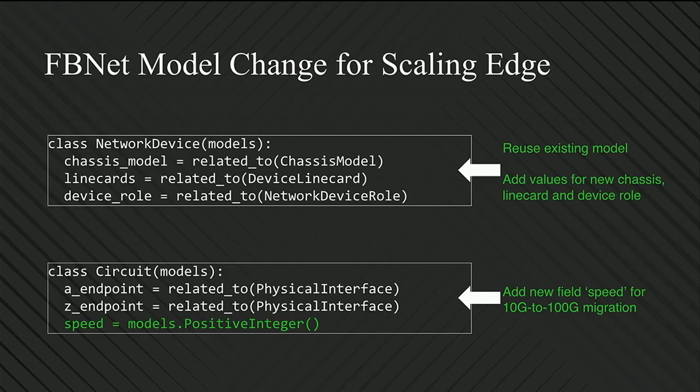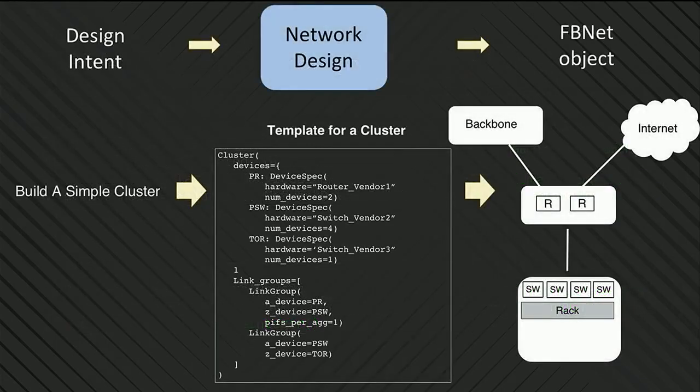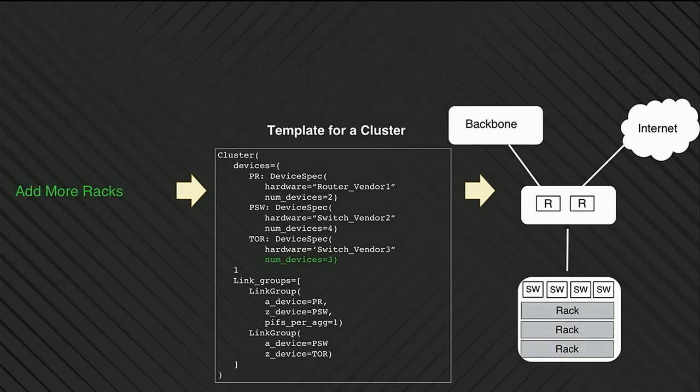So with the AppNet model being done, next, we need to change network design to support new topology. Remember, network design translates high-level design intent to concrete AppNet objects using a template that captures the device specification and link specification. Now, if we want to add more racks, we have to model this as a variable.